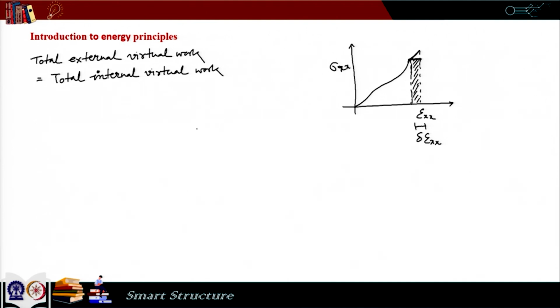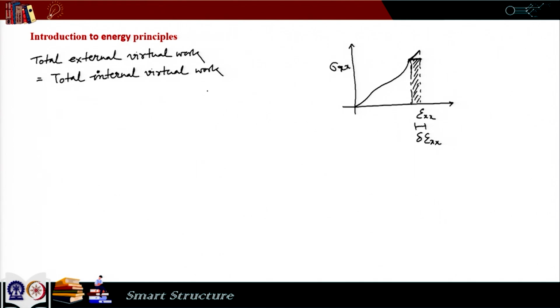So, if some displacement condition satisfies this virtual work principle, that is also an approximate solution of the governing differential equation. So, instead of solving directly the governing differential equation, in many cases we just satisfy the virtual work principle in an approximate way, and that helps us get a very close solution of the problem.